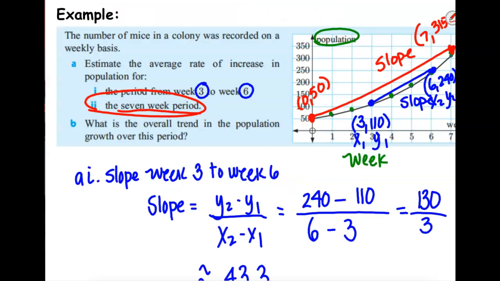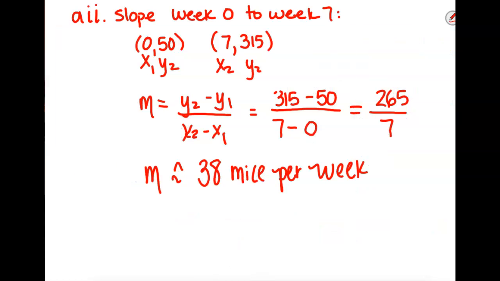All right. The last part asked, what is the overall trend in population growth over this period? So what's happening? All right, so I'm going to add in part B. What's the trend?